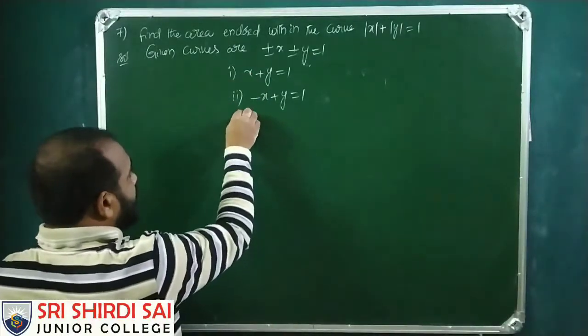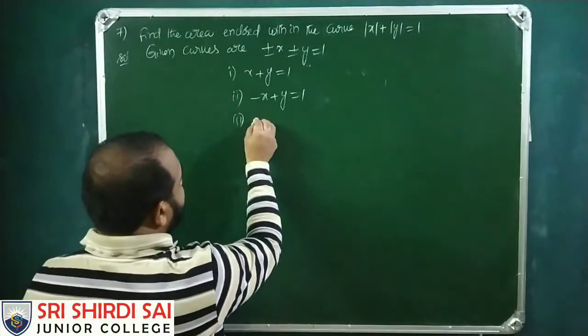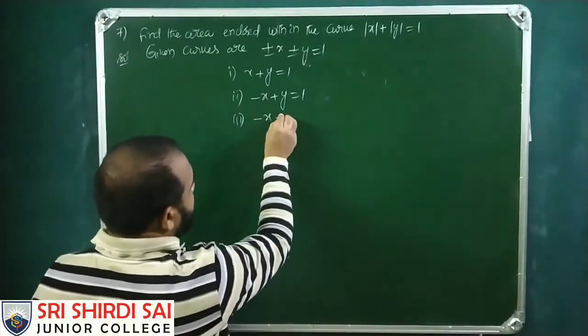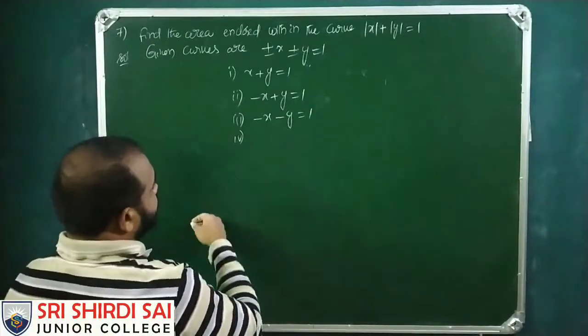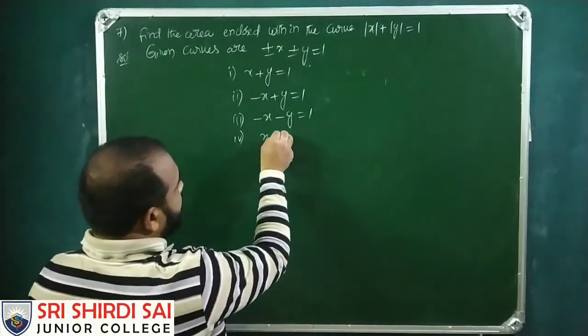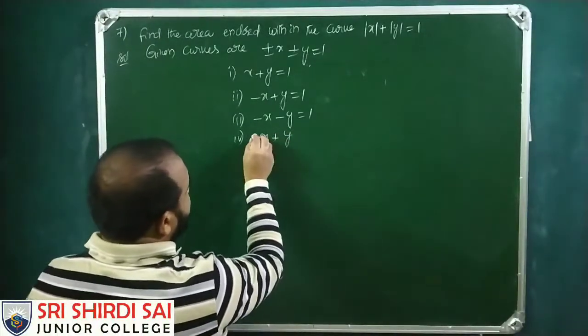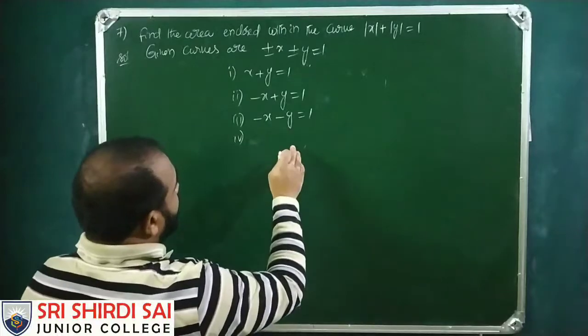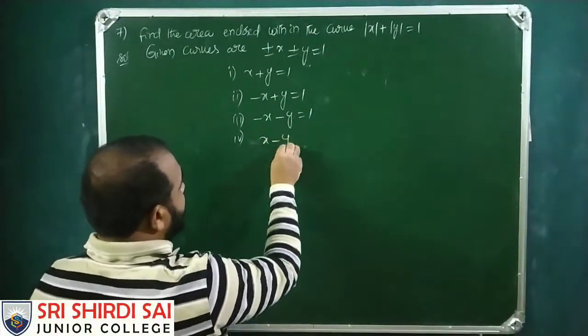Third, minus minus, so this is minus x minus y equals 1. Fourth one, x minus y equals 1.